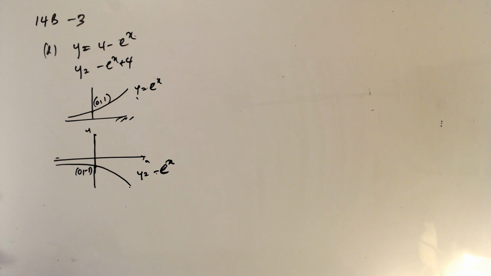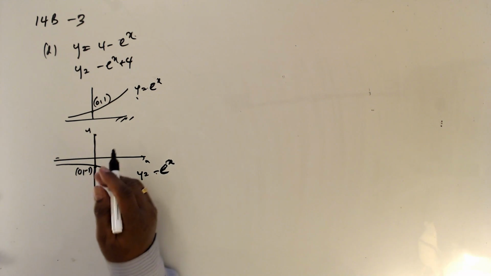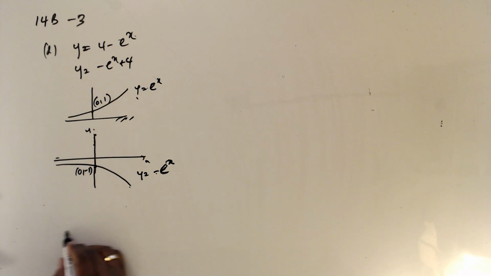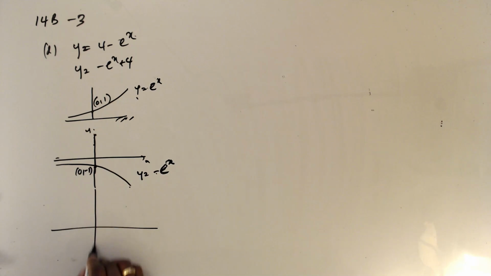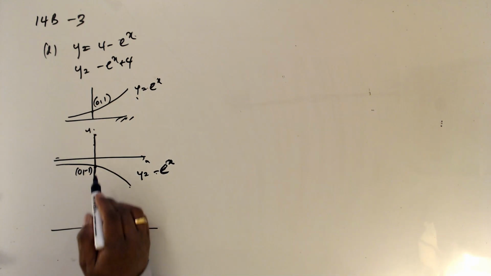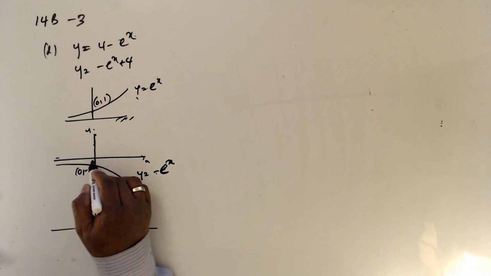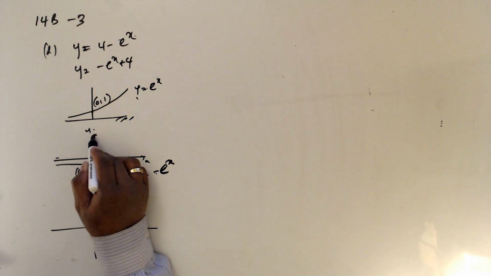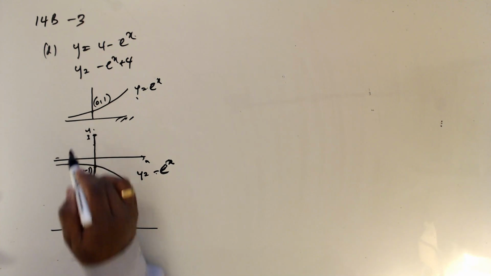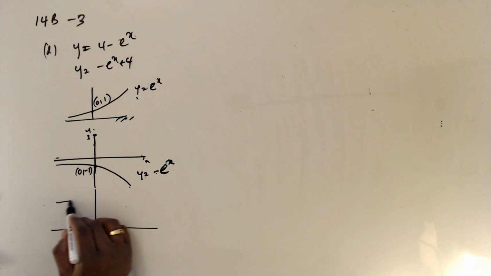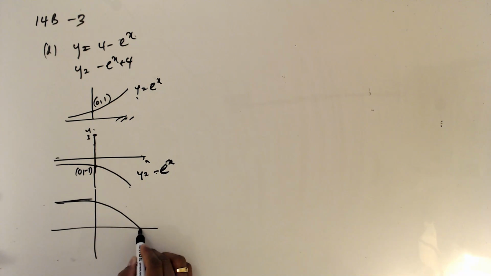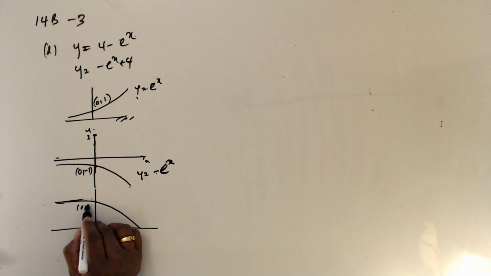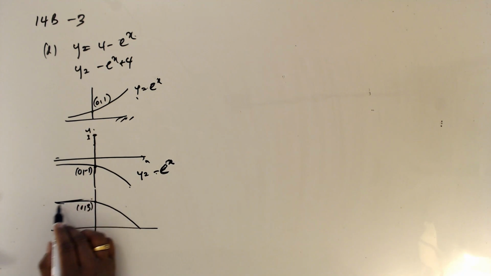Now you want to shift this curve 4 up. 1, 2, 3, 4. From here it is going to 1. It is 0, 1, 2, 3. When you move 4 units, you can see 3 here. So in that case the graph is parallel to this one, and this point is 0, 3.